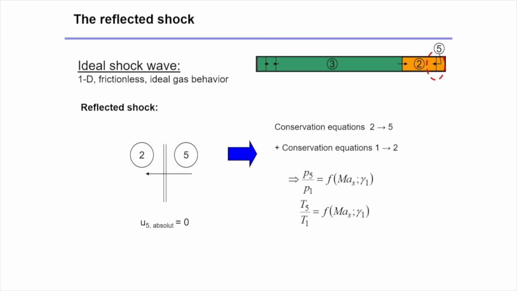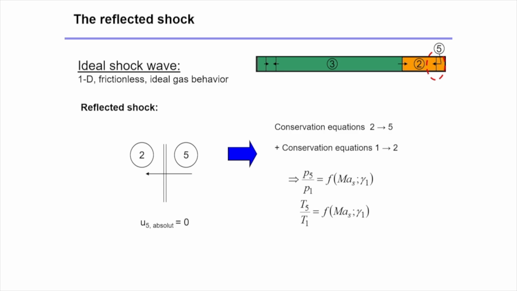So at the end, when we have this reflected shock, we can use our set of conservation laws again. And finally, T5 over P1 or T5 over T1, the interesting parameters, are a function of the Mach number and the isentropic exponent of the driven gas.